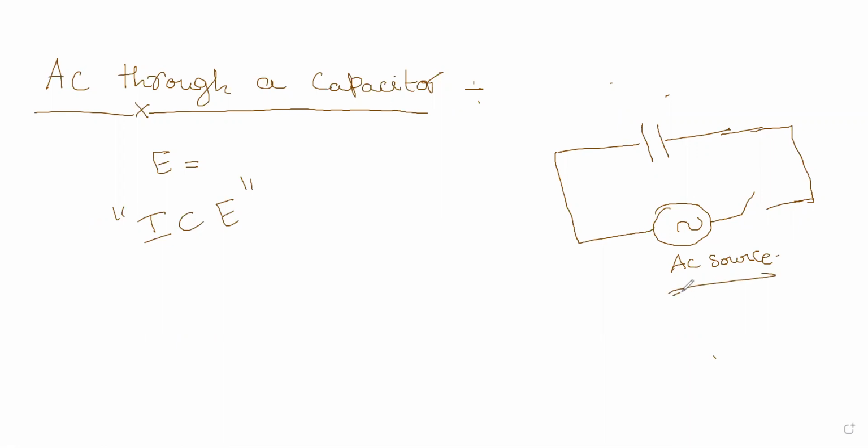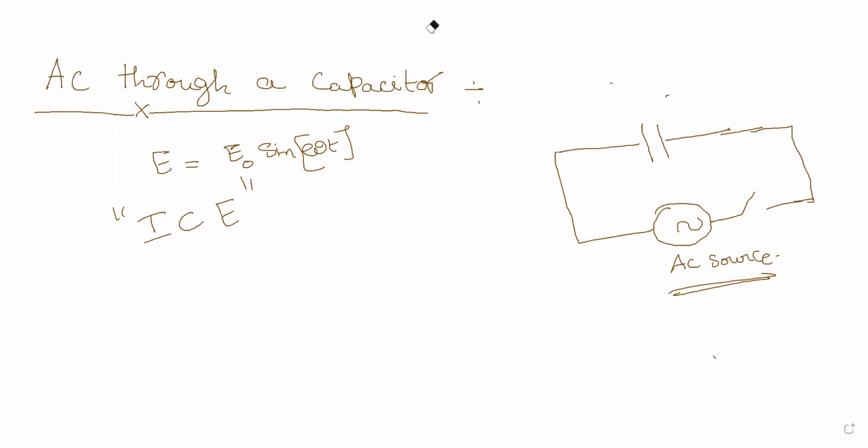What we give is the voltage signal: E = E0 sin(ωt). You can take cos(ωt) also depending upon the situation, but as per your textbook, E = E0 sin(ωt) is the function we generally consider.